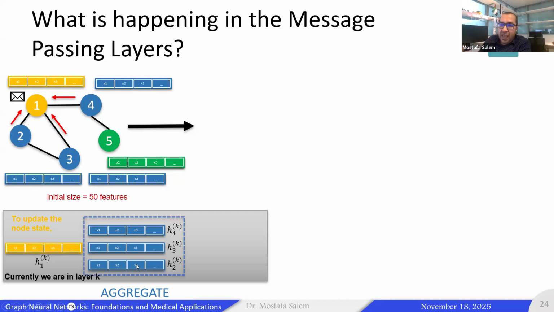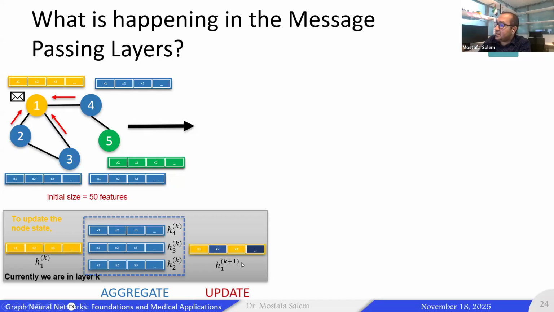Then we will do the aggregate. These three messages will be aggregated to have just one embedding representing information from our neighbors. And then I will merge what I have with what I aggregated.